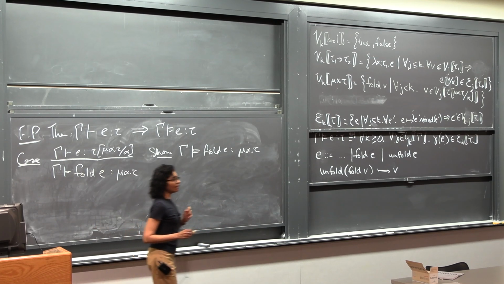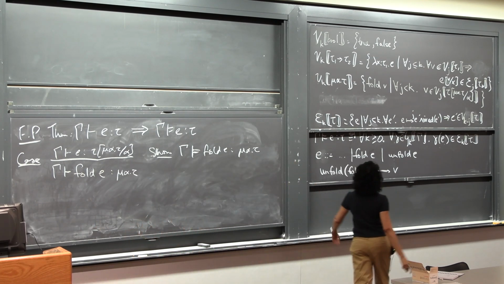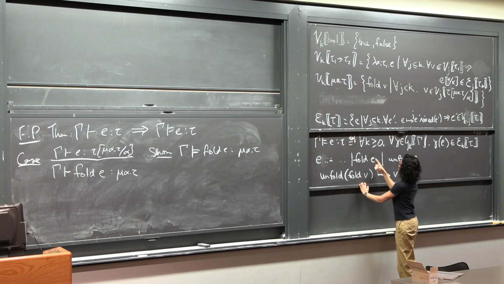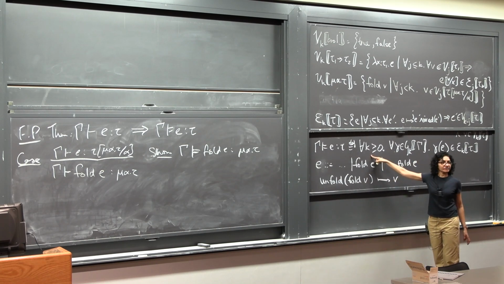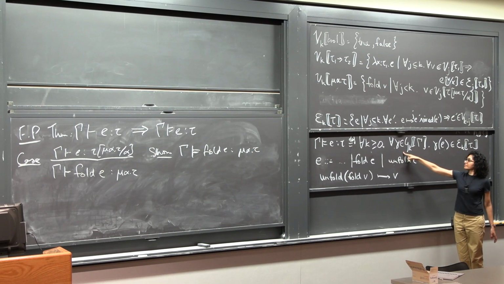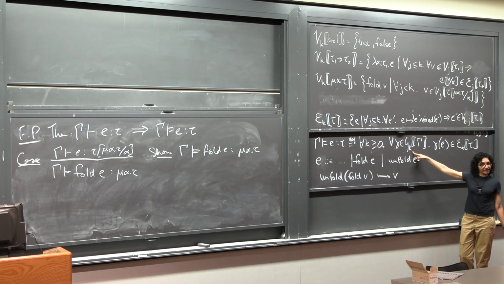Okay, so let's look at our definitions. What do we have to do? We have to start by saying, suppose I have some k greater than or equal to 0. Suppose I have some substitution gamma that belongs to G_k of Gamma.